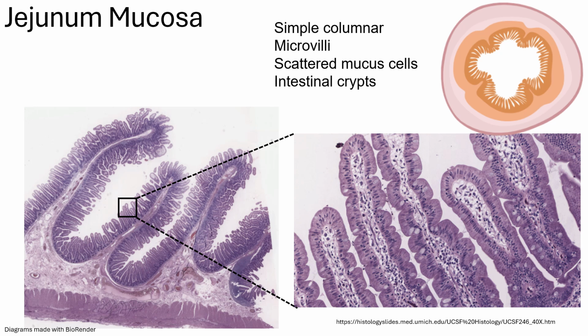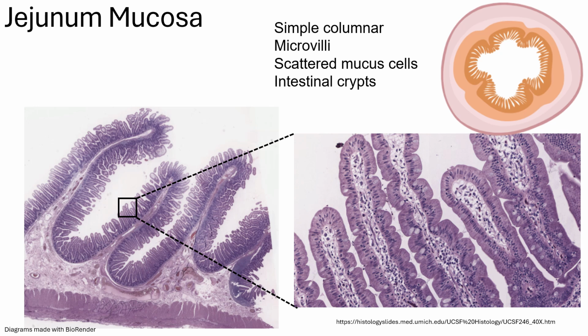The jejunum, which is the middle part of the small intestine, is all about absorption. It has the surface area increases and the features that we described. In this histological picture on the right, you can see all of those scattered mucus cells, like the white bubbles in the epithelium.